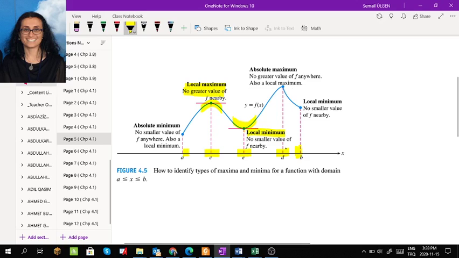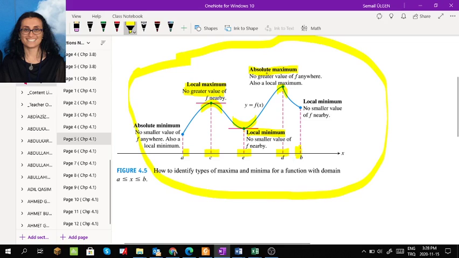Okay, let's look at d. At d, let's just look at this highlighted area. This is the biggest of all these, so it is both the absolute maximum and a local maximum, because it is the biggest of all the values you can consider. You're going to look at the whole interval, and this is the biggest of them all.